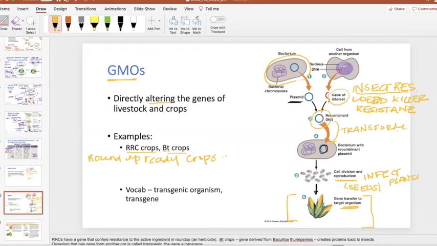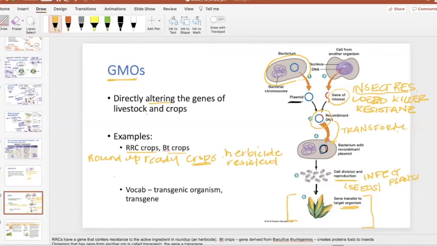Roundup Ready crops are crops that are herbicide resistant. And what does that mean? Well, that means that if you spray them with a weed killer, which is what an herbicide is, the crop itself will not die, but all of the weeds around it will die.